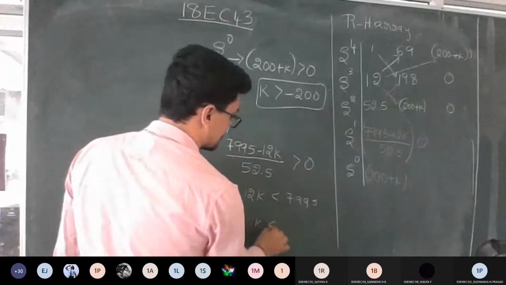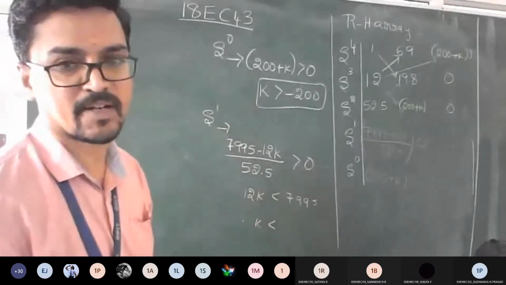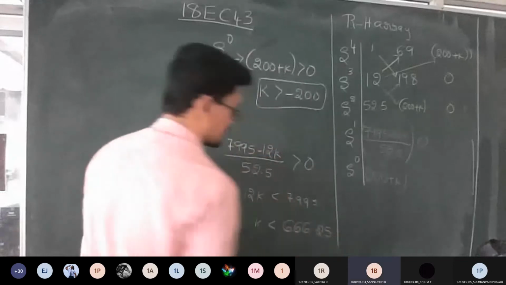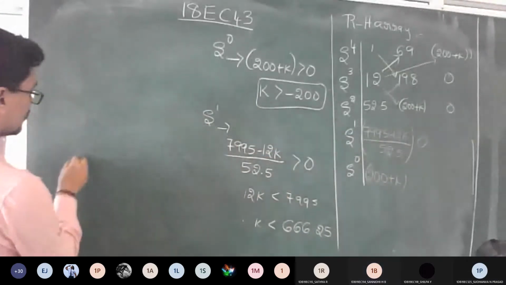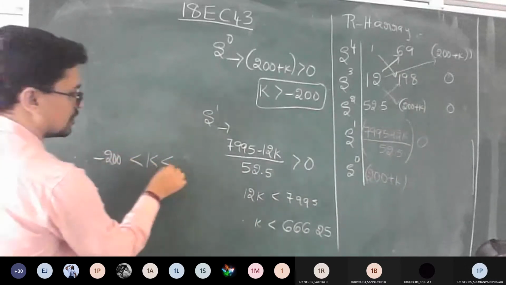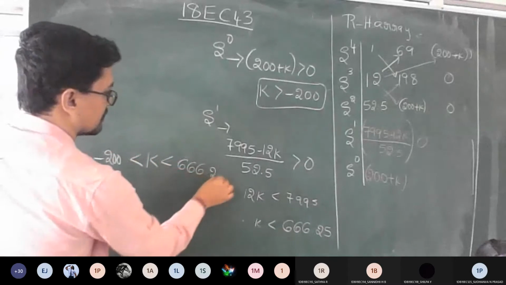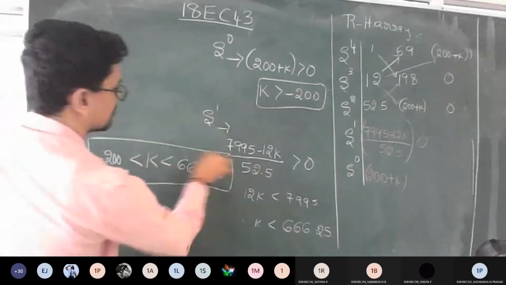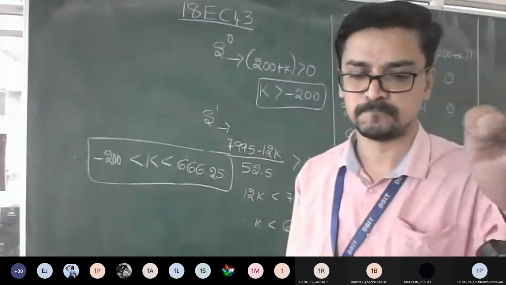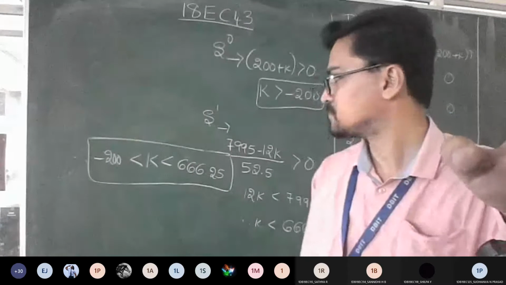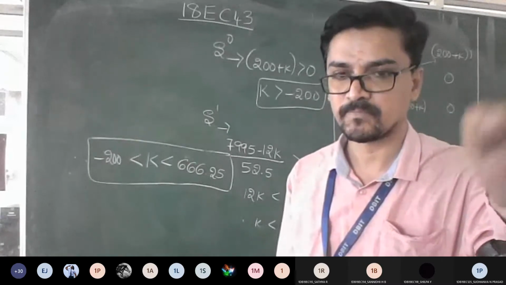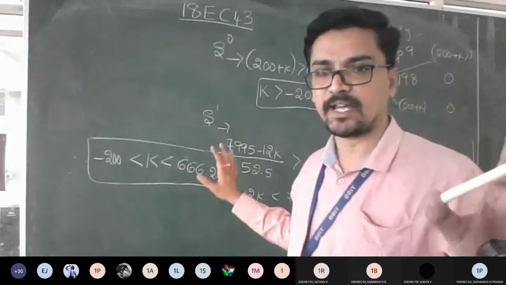So I can take k as how much? 7995 divided by 12, is it 666.25? Therefore you can conclude the range of k varies from minus 200 to 666.25. This is my range of k. Is it okay till here? Yes, sir. Good.